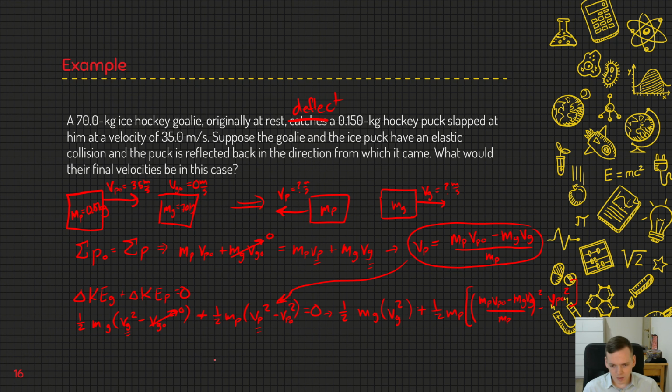And then at this point, all that will equal 0. We can do a little more algebra here. I can get rid of the 1/2 and just have mass of the goalie.